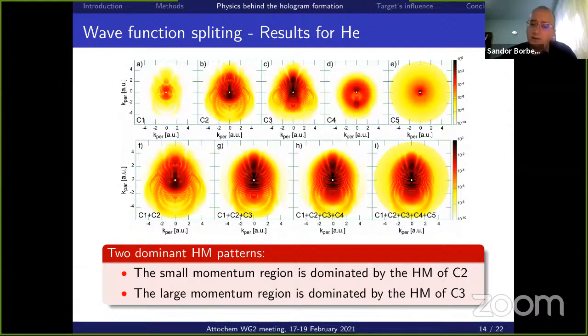Yes, at the end of the radial grid, we have an absorber, but we use that only to see if the wave packet reaches the end of our simulation box. I see.